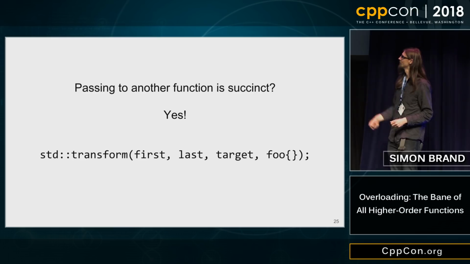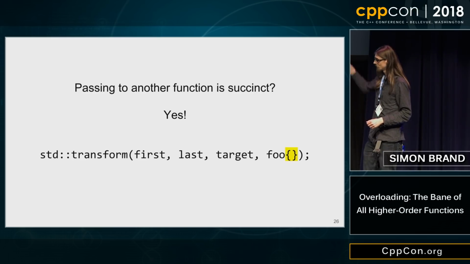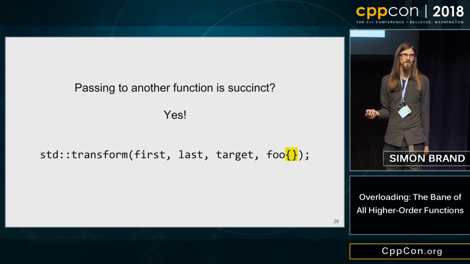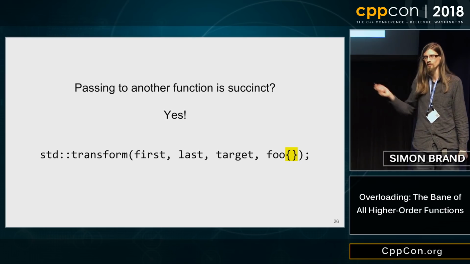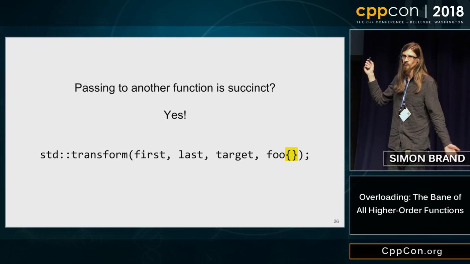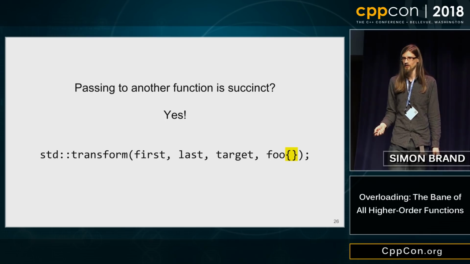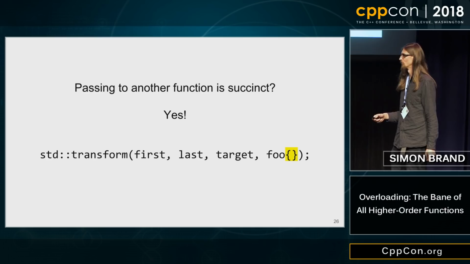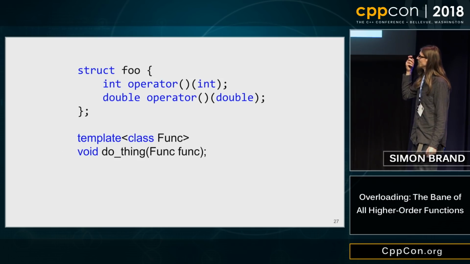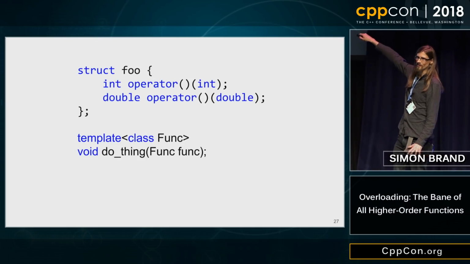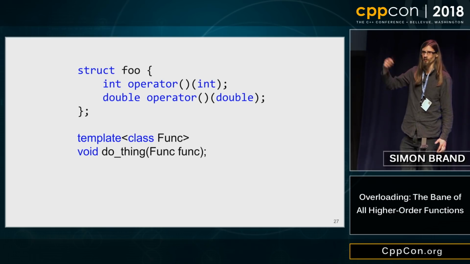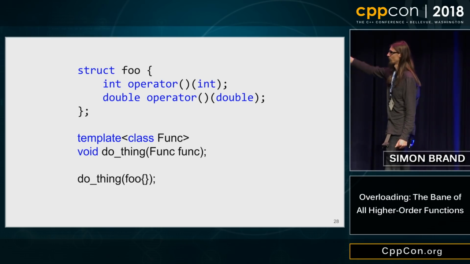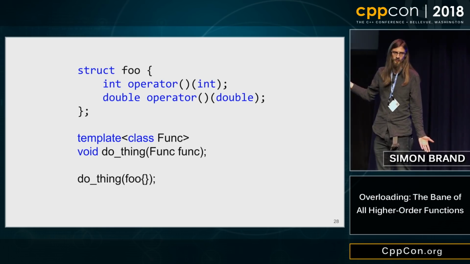We have to construct it here, but as I said, that's not so bad. We do this sometimes. You know, if you pass std::plus to an algorithm or something, we do this stuff a reasonable amount of the time. And then this is the same overloading version from before, and it works just the same. We just have to construct it.